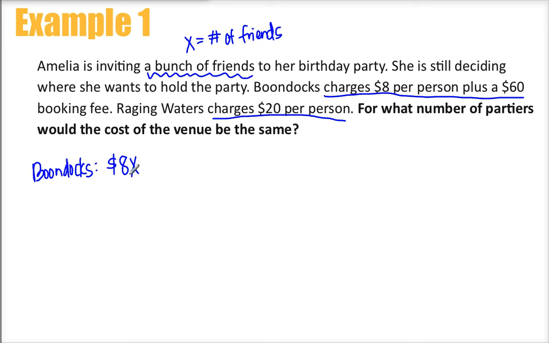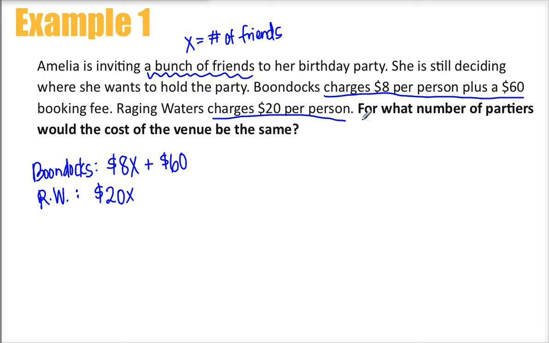So they'll charge $8 per person that's there, plus a $60 booking fee just for being Boondocks. Okay, let's look at Raging Waters. Raging Waters charges $20 per person. Okay, $20. And once again, per person, I don't know how many people are going to be there. So that's where my variable x comes in.